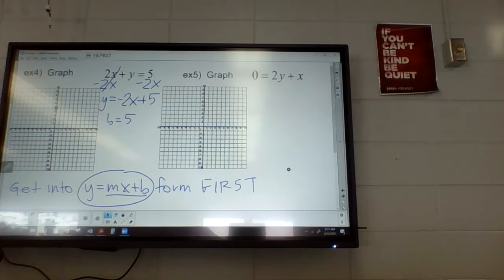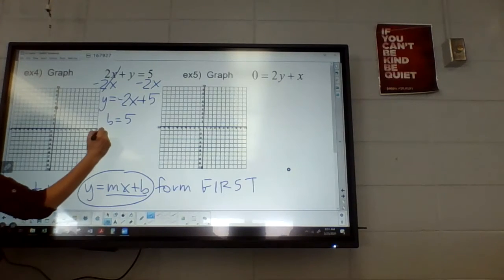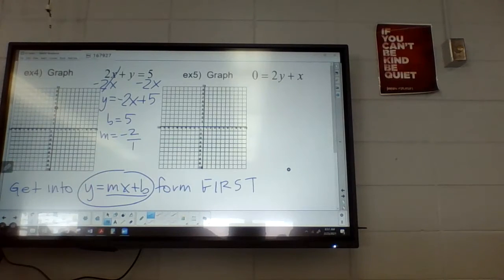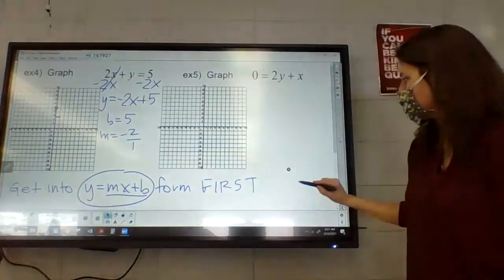So our slope is what in this case? Negative 2 over 1. Very good, good catch. Negative 2, and then we can put it over 1. So from this spot, I'm going to go down 2 and over 1 to my next dot. Down 2 and over 1.